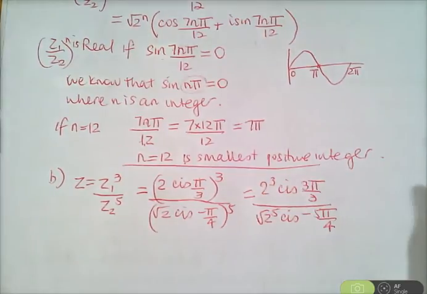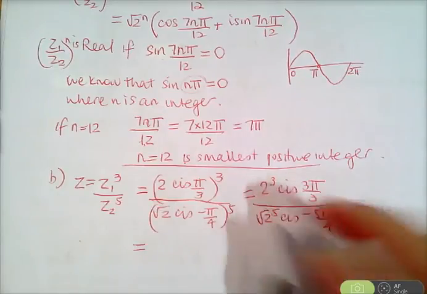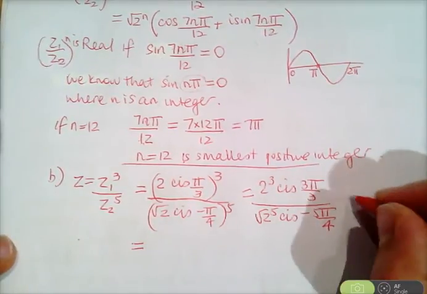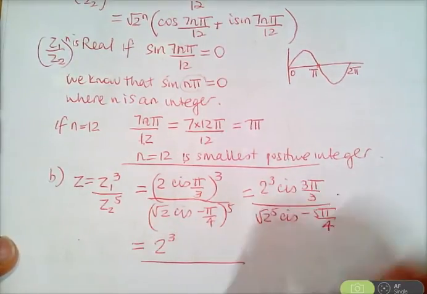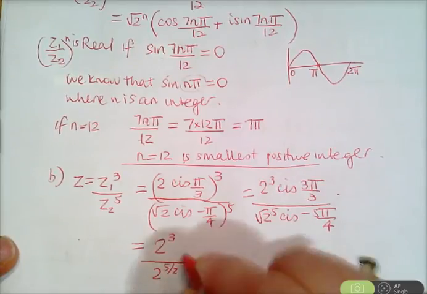That is applying De Moivre's theorem. Now dividing here, remember we divide the moduli and subtract the arguments. This is really 2 cubed over root 2 to the power of 5, that's 2 to the power of a half to the power of 5, that's 2 to the 5 on 2.